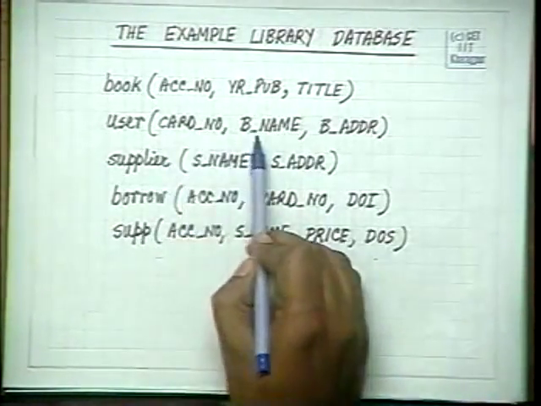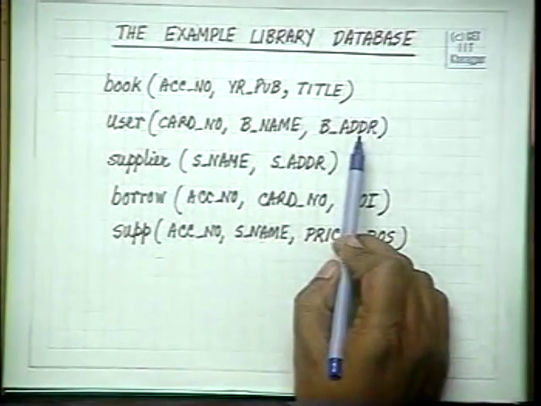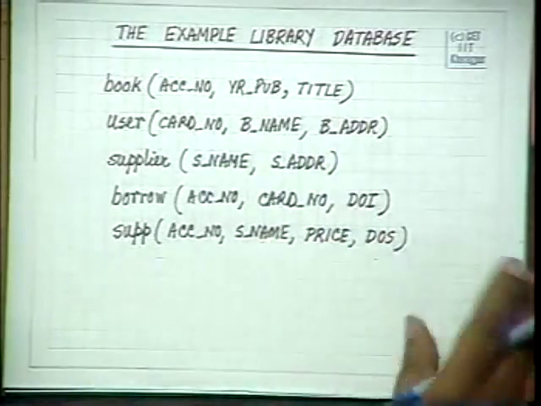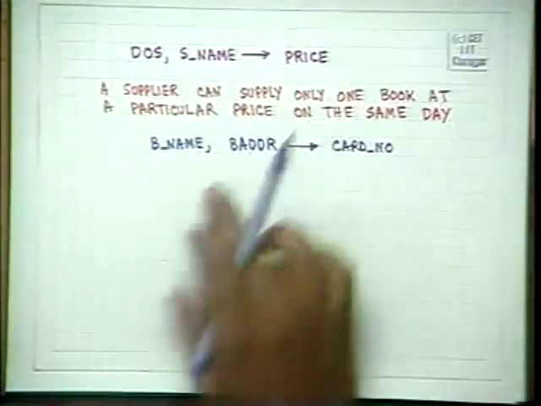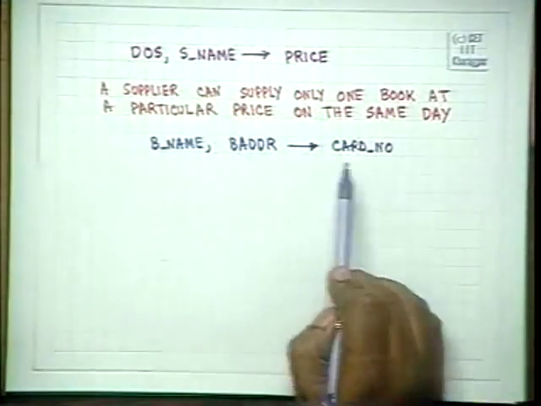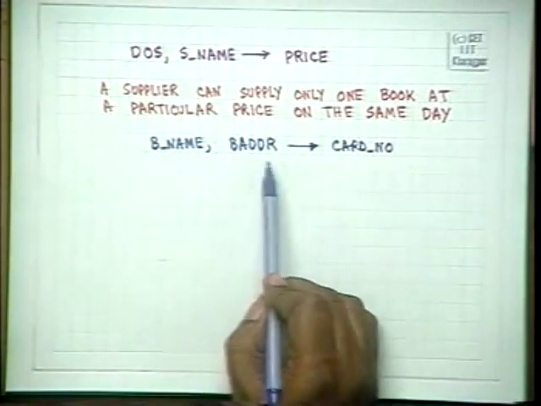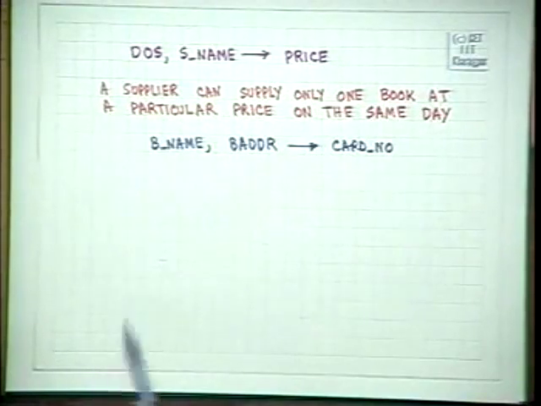Card number gives borrower's name, card number gives borrower's address from primary key. I have now written down borrower's name and borrower's address. This side is AND, borrower's name and borrower's address gives card number. So, two tuples which have got the same borrower's name and address give the same card number.